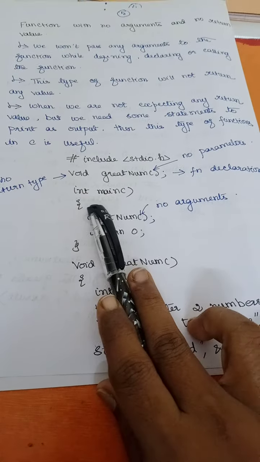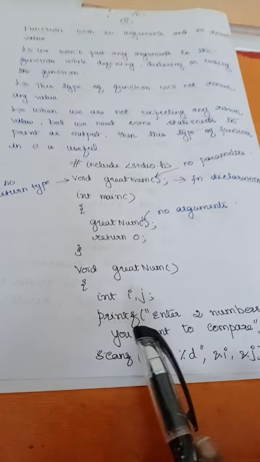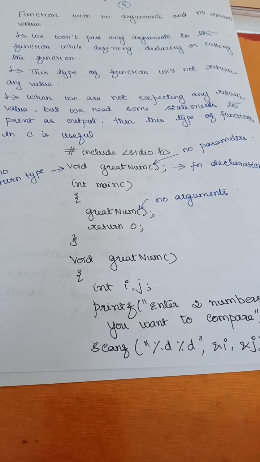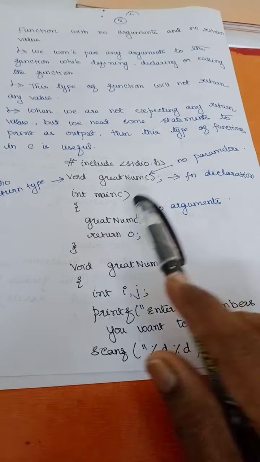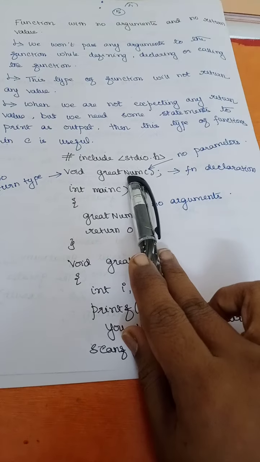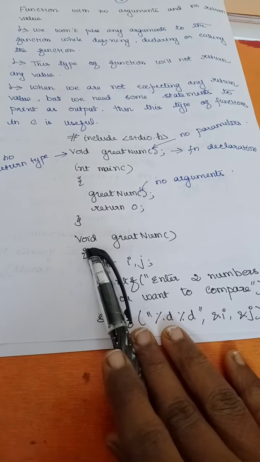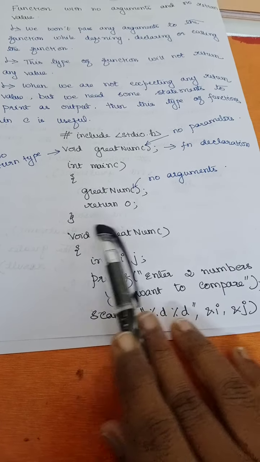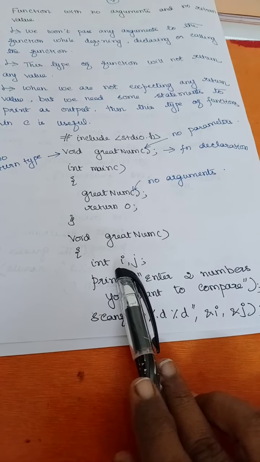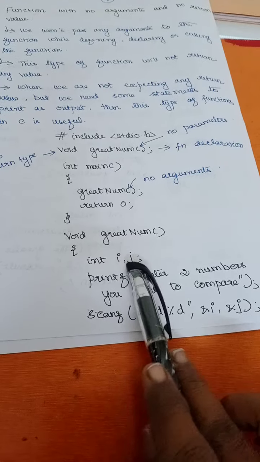Clear? Now I have a main program, int main. Directly I am calling the function because I am not going to pass any argument, right? What is the function? greatnum. I am going to find the greatest of two numbers. The return type is void, greatnum. Here in the function, I am going to declare two variables i and j.